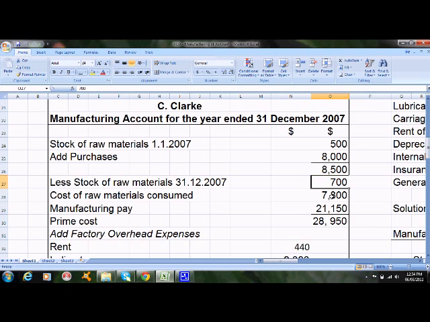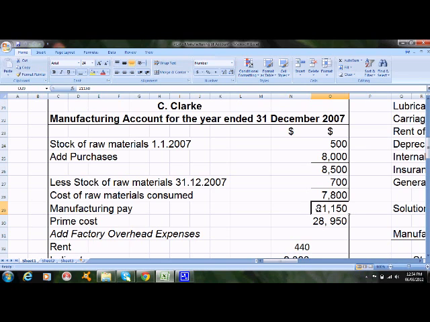Then we go down to something called manufacturing pay, which is what they call direct pay. For example, direct labor, direct expenses, and direct materials go right there.